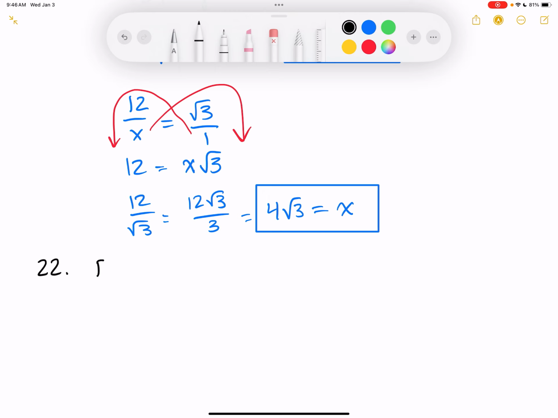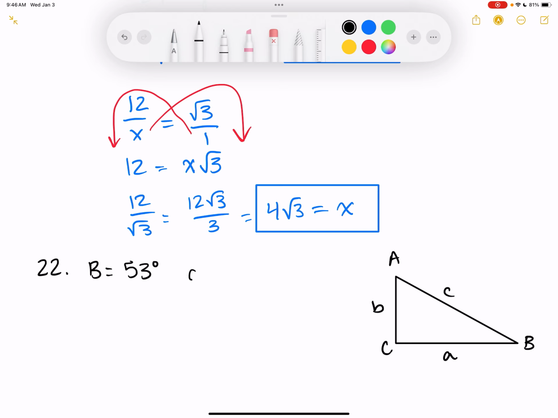For these next several problems, they give you a triangle that's not filled out, it just has the stuff on it, so the sides and the angles and all that. So they give you that triangle, and then they're going to tell you two pieces of information. So they're telling us that angle B is 53 degrees and side A is 12.